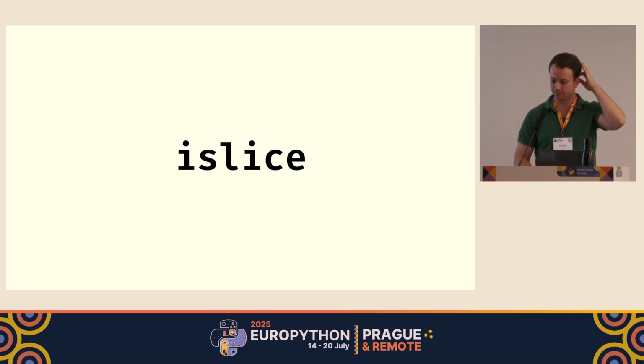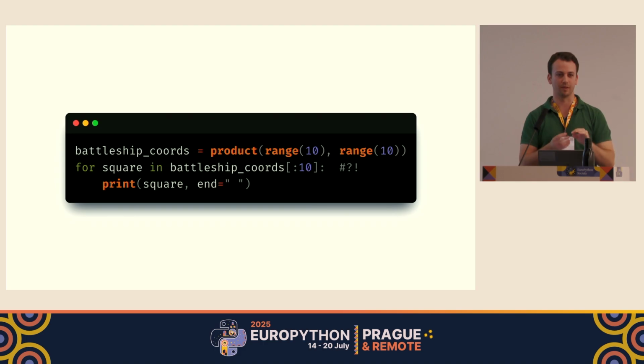So as an example, I like playing this battleship game where you have a 10 by 10 area where you place some battleships, and then you have to try and guess where your opponent placed the battleships. And I was creating this grid to create this small game, and I used product. It's not foreshadowing, it's backshadowing, if that's a thing.